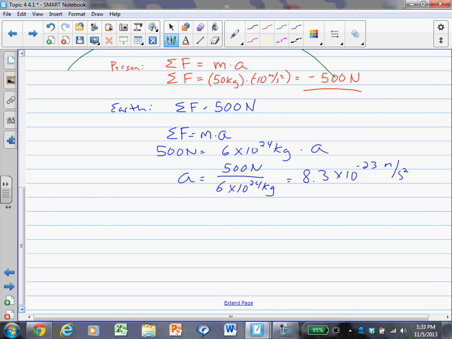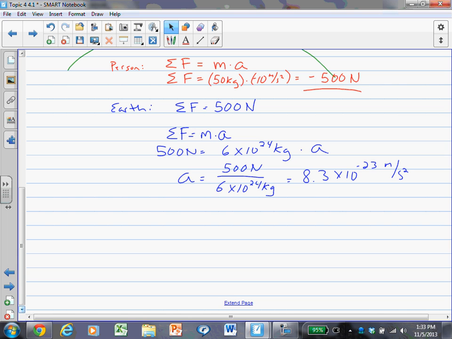So even if the only interaction was that falling person and the Earth, the Earth is going to feel a very small, negligible acceleration.